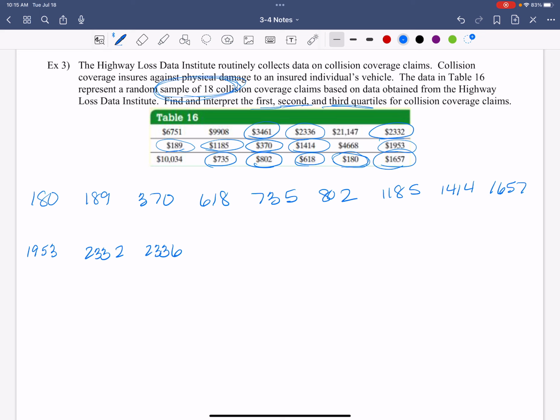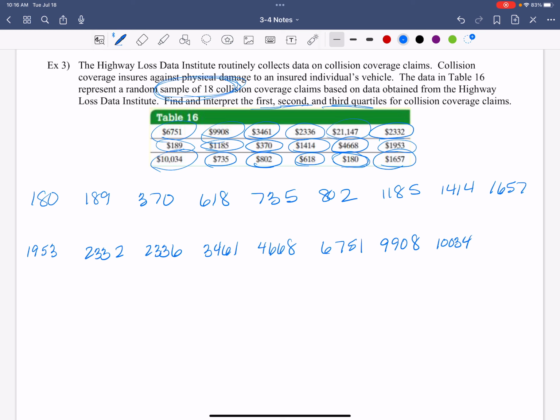You should be doing this at the same time so that we're on board together. 3,461, and then 4,668. What's next? I think the 6,000 is next. 6,751. Then the 9,908. Then the 10,034.